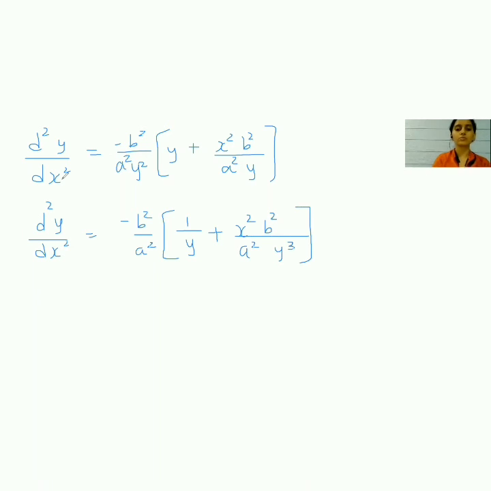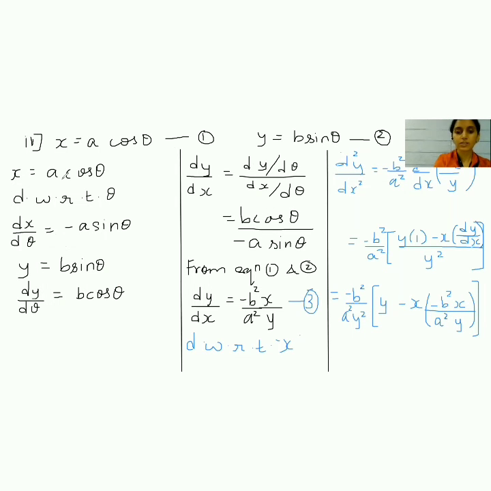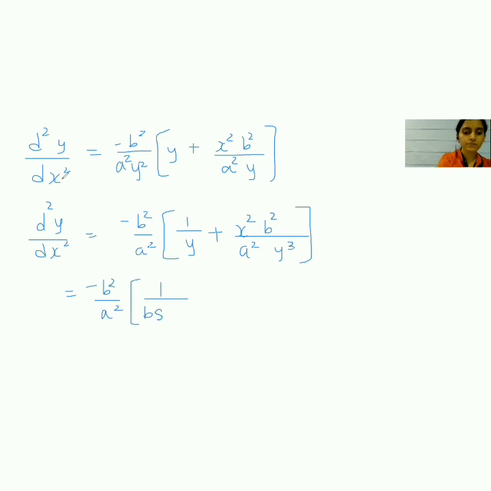Let's substitute what x and y are now. So we have minus b square upon a square as it is. What is y? From equation 2, it is b sine theta. Plus, what is x from here?